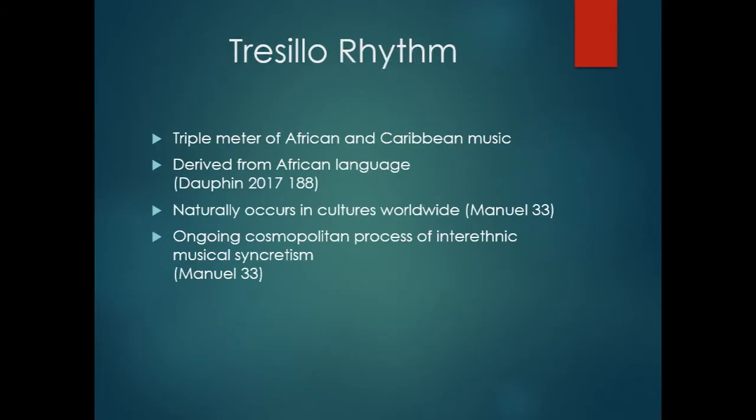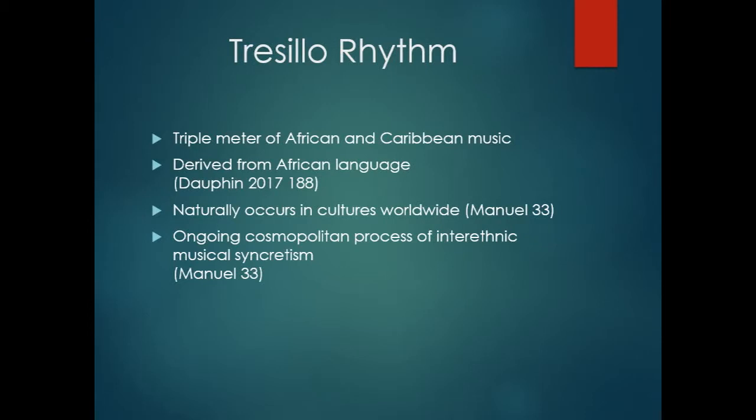Just some background information about the tercio rhythm. This is the triple meter of African and Caribbean music. It naturally occurs in African language, so that the rhythms from the language go directly into the music. But also this rhythm naturally occurs in cultures around the world. Manuel says that this rhythm represents an ongoing cosmopolitan process of interethnic musical syncretism.